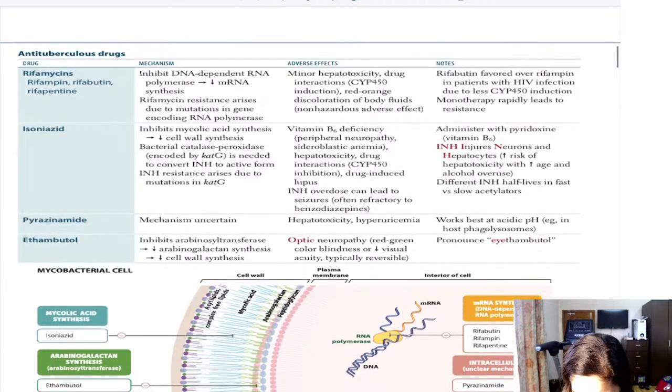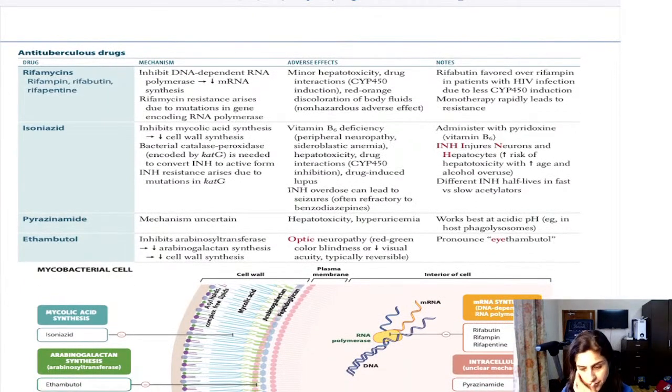Now this one is a chart which I've taken from a book which is the First Aid, ठीक है, USMLE वाला, and this is a very high yielding table and important points which you should know about this. तो ये diagram जो हमने अभी किया the first question में, so first let's go. So here isoniazid is given in the diagram which is inhibiting your mycolic acid synthesis.